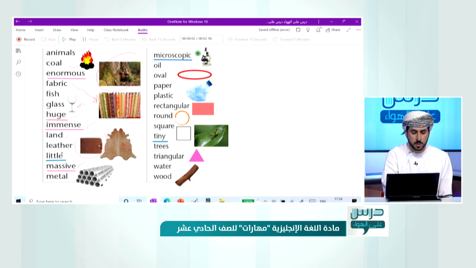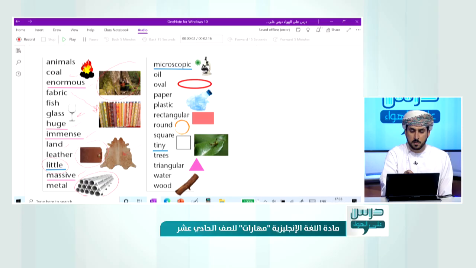Also we have the word little. Little means a very small amount of something. And we have metal. This can be found in buildings and many other places. Also we have the word microscopic. Microscopic is something very, very small, and it's impossible to see unless you use a microscope.